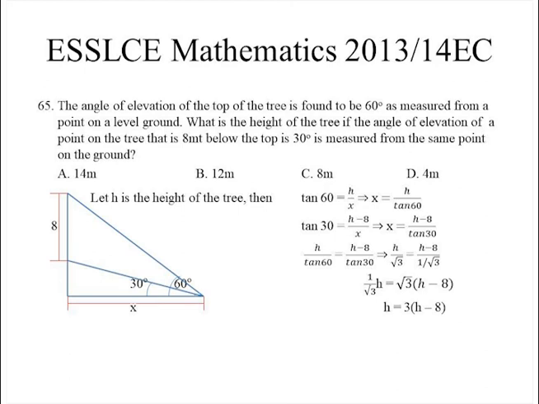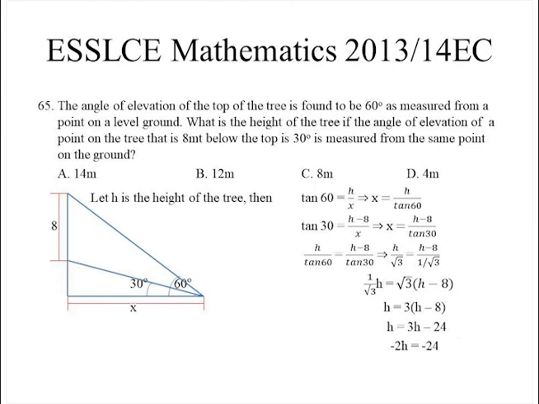Multiply both expressions inside the bracket. So we'll find h is equal to 3 times h, which is 3h, minus 3 times 8, which is 24. Taking 3h to the left side of the equality, we will find h minus 3h, which is negative 2h, is equal to negative 24.